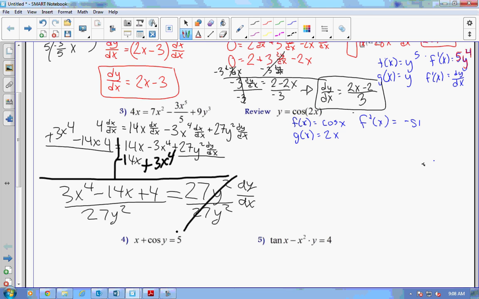Negative sine, and it's not just negative sine x. And the derivative of g is 2. So the derivative of y was dy dx equals, we do f prime of g times g prime, so negative sine of g, 2x, times g prime.